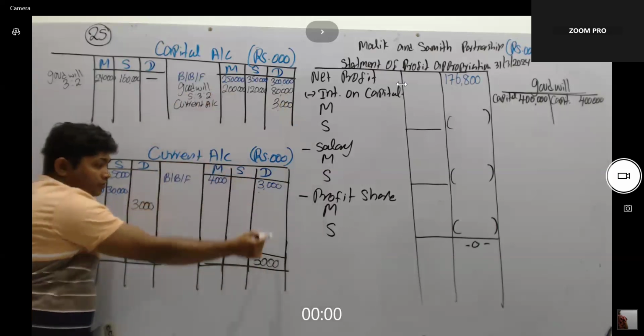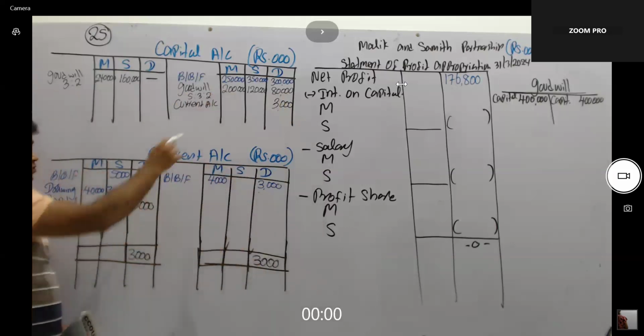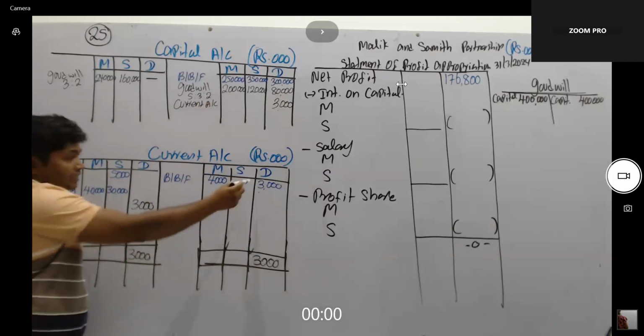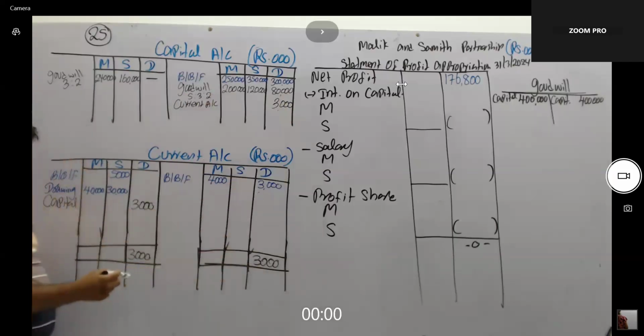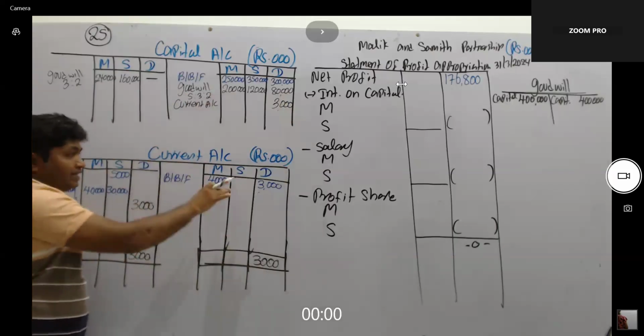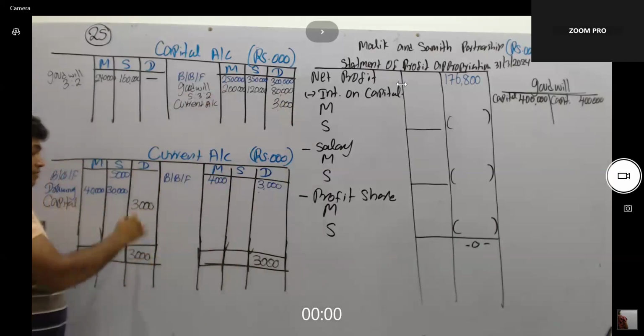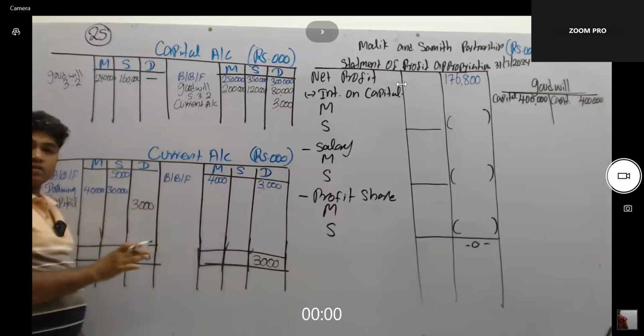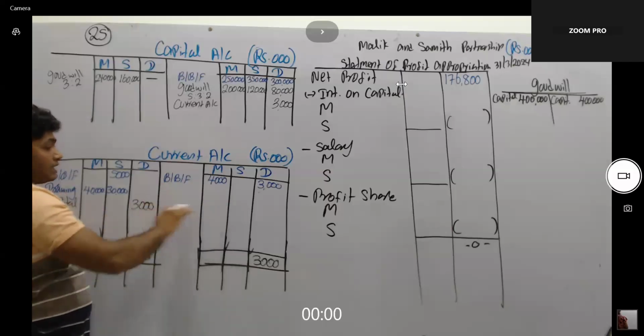The current account balance of the retired partner should be transferred to the capital accounts. Think retirement at the beginning of the year. Therefore, from the beginning, the current account balance can be transferred. If retirement were given at the end of the year, the balance is transferred only after distributing interest on capital, salary and profit share.